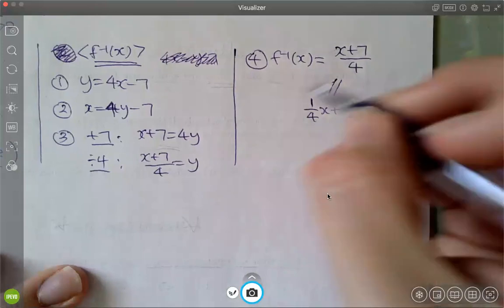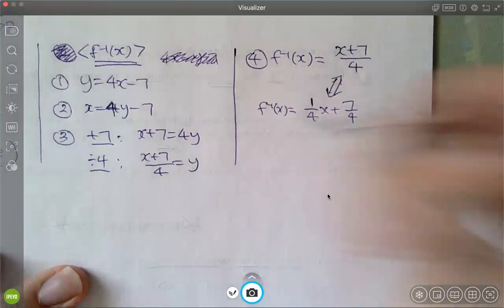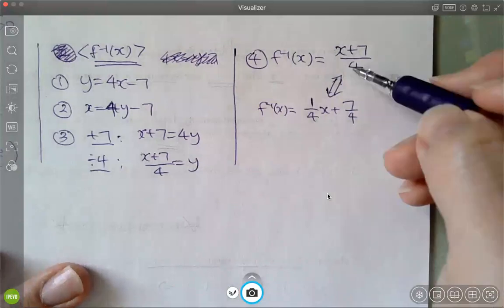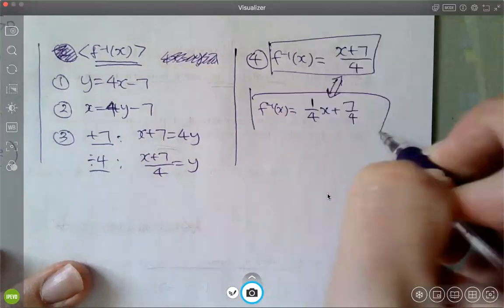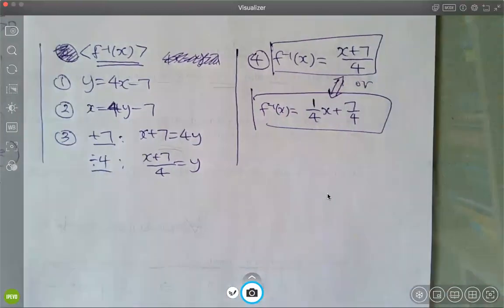So either this or this. Why am I writing both? Because I'm not sure what ALEKS will accept. I think it will accept both, but just in case it doesn't accept the first one, it should accept the second one. So that's the equation for the inverse.